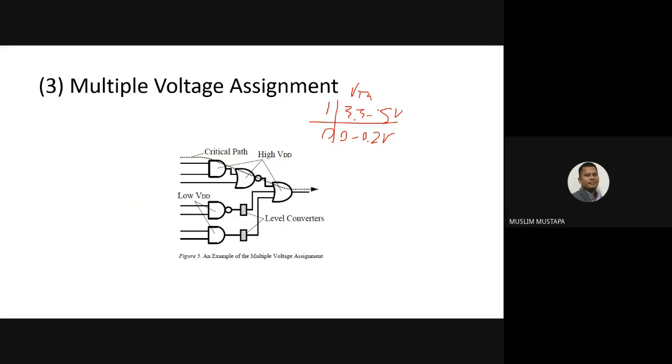As you lower the voltage, you have to ensure that you still meet this requirement. You cannot just simply say, I want to save power, so just lower the voltage. No, cannot. You have to make sure that you don't violate these main rules, the requirements for all of the gates.